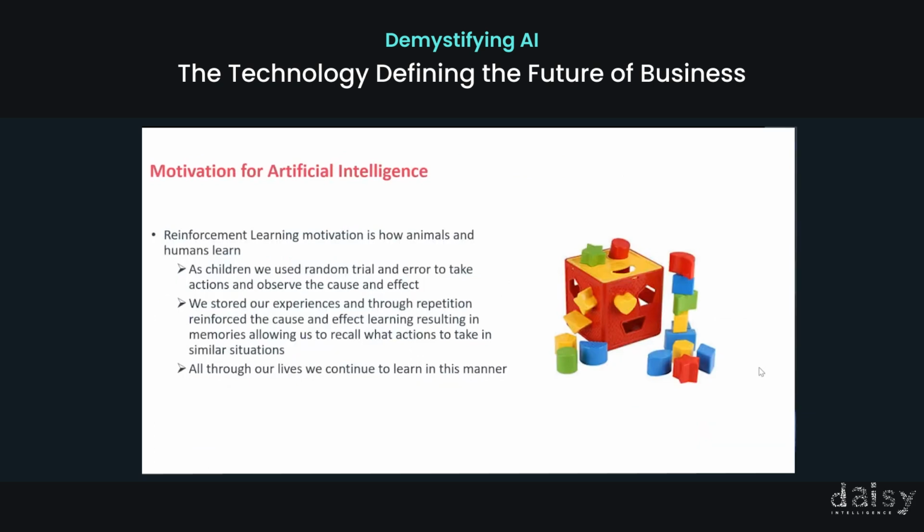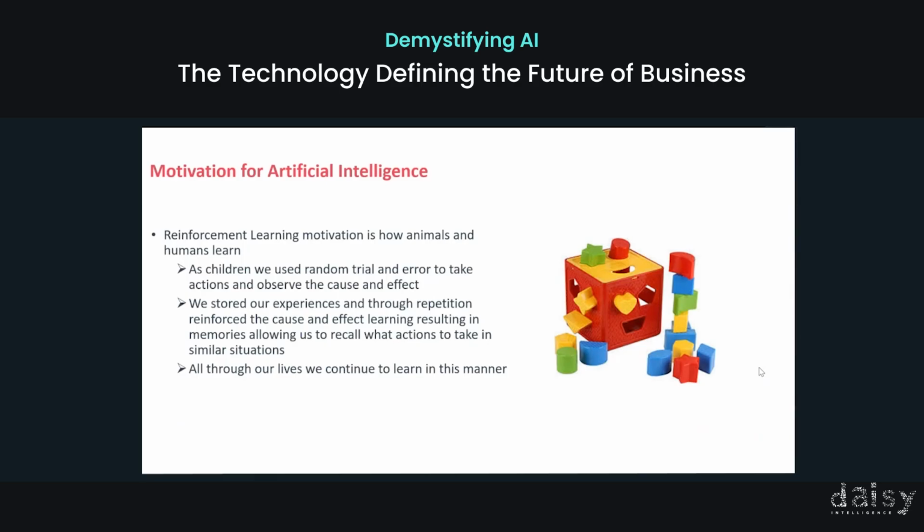So one of the analogies for reinforcement learning was a model of how animals and human beings learn, right? As children, remember those shaped block toys you used to have? You see a baby playing with blocks, trying to fit a block through a hole, and you would do random trial and error. Does a star fit in the circle or the square?